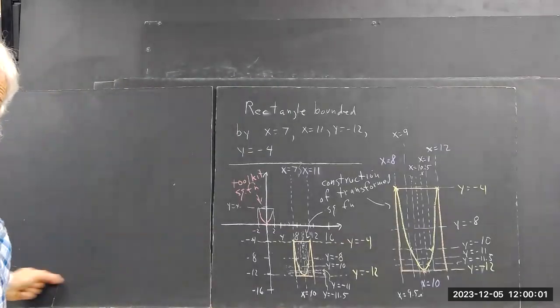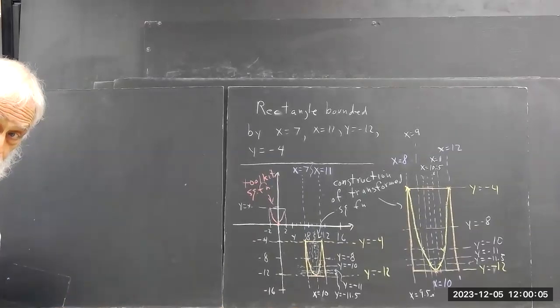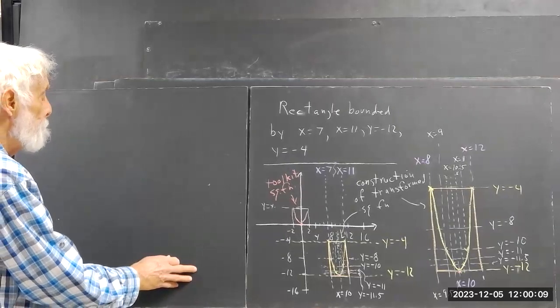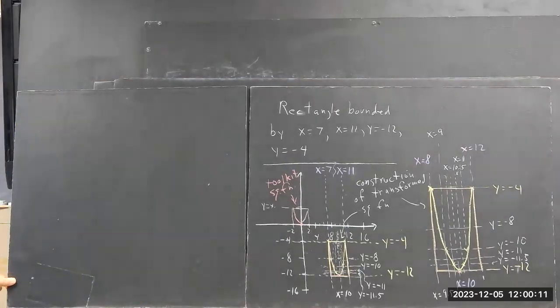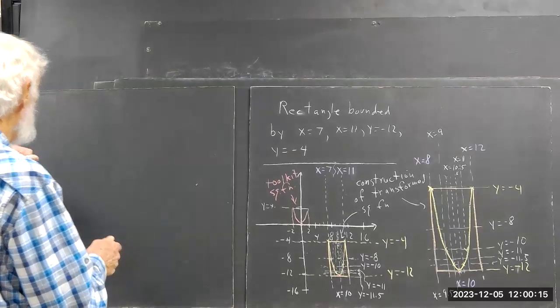Okay, so we identify our transformations. Let me make sure there's enough room here, and that the left-hand side of the board is visible. Okay, identify the transformations.